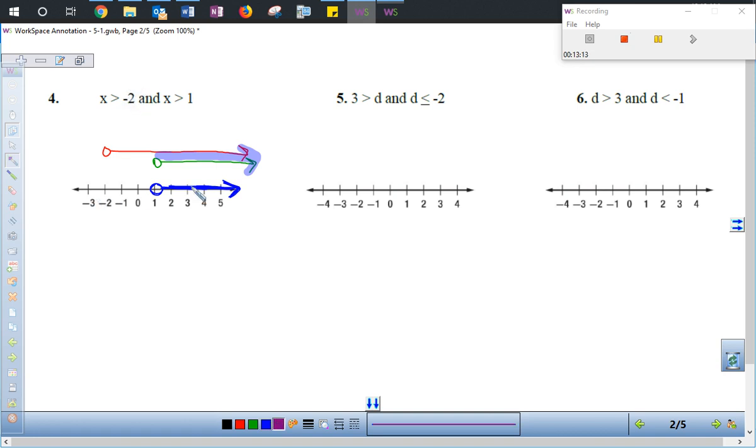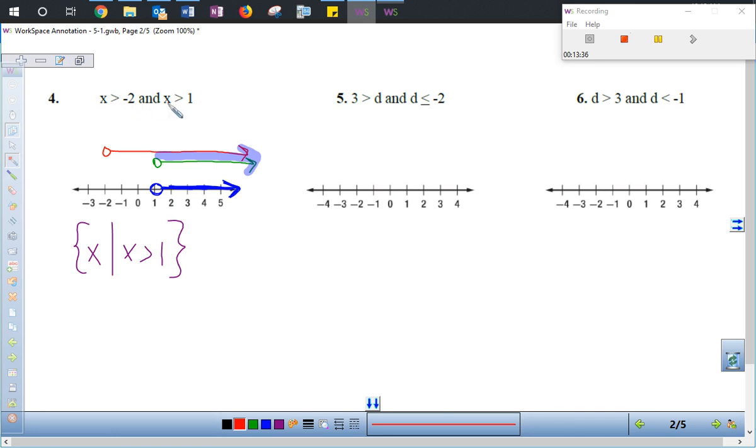So to write this in set builder notation, we start with the set of all x's such that. Now, to describe this, it's just like we have been in the past. It doesn't have a starting point or a stopping point, so we don't have to do like 1, 2, and 3. We just describe it as x is greater than 1.